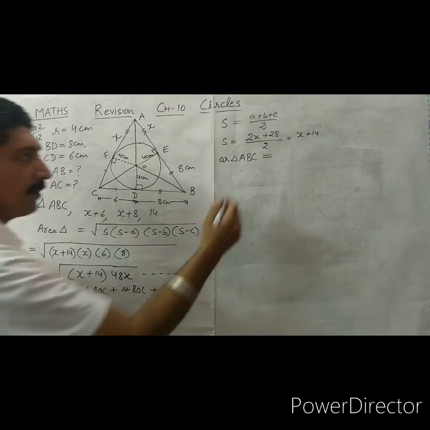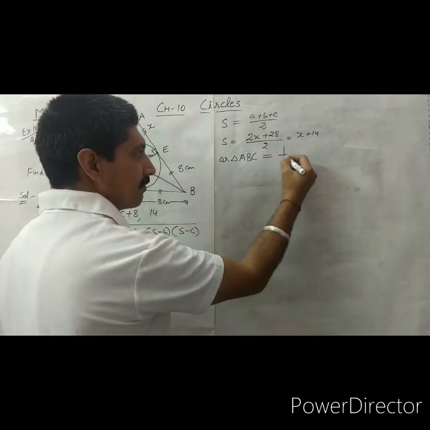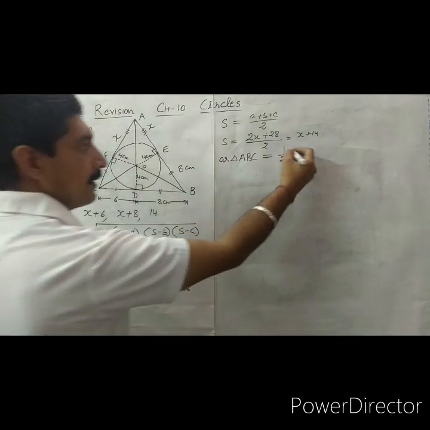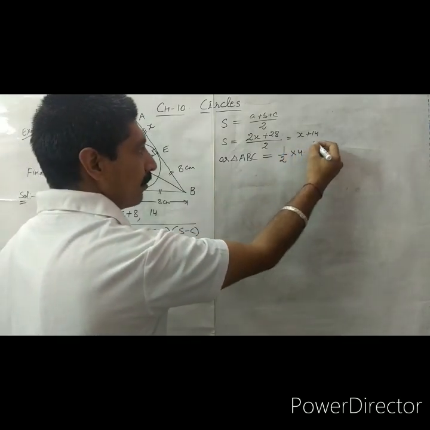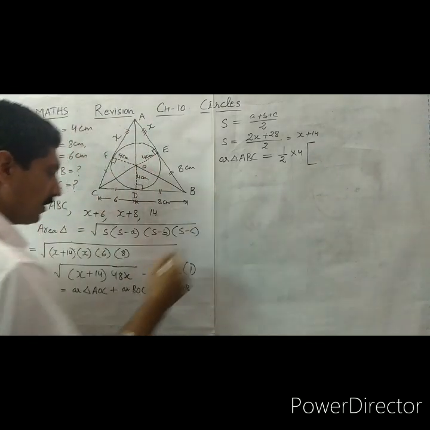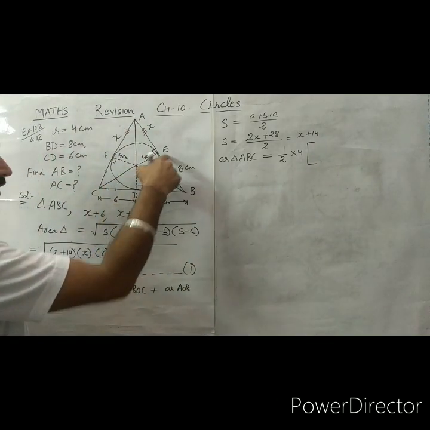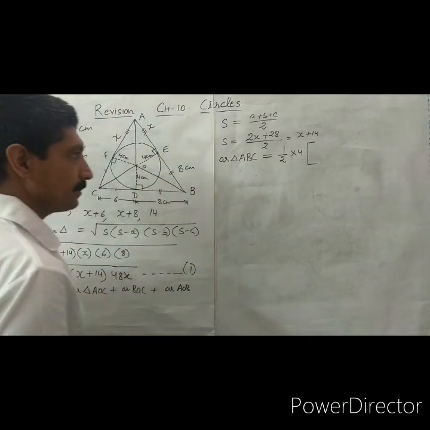So we are taking common, area of triangle is half. From these three triangles, I am taking half common. Height 4 common, because OA, OF, OD, OE, they are 4 centimeter.